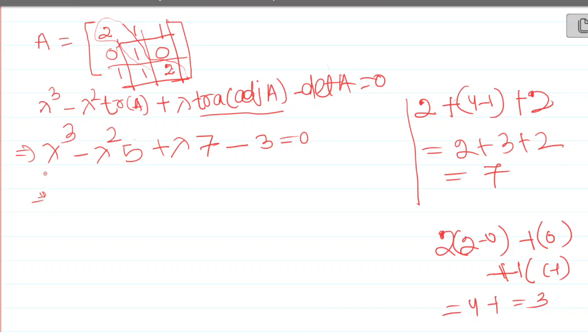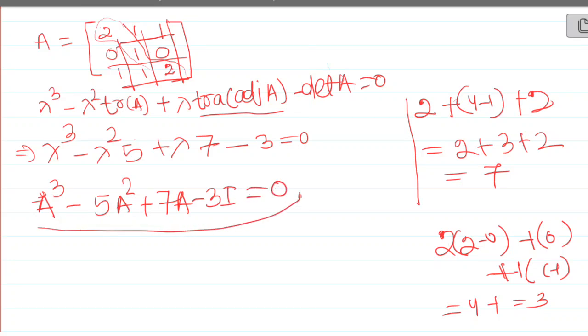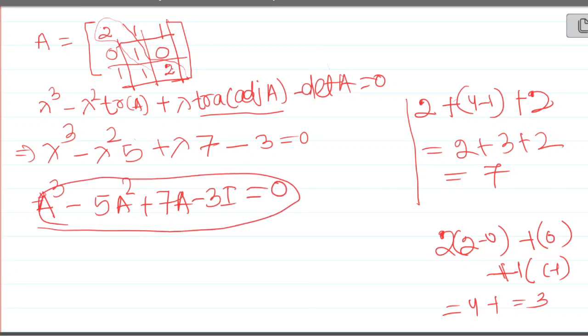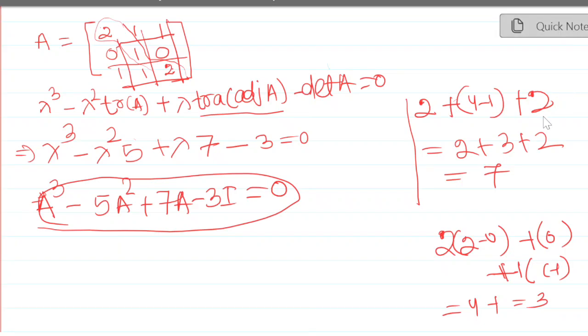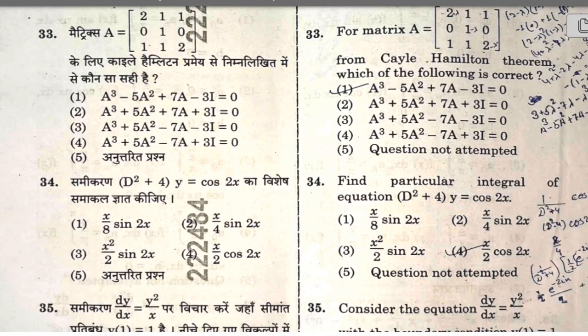Now we can write directly for the matrix A, that is A cube minus 5A square plus 7A minus 3I equals 0. So this will be your correct answer. Now check the option: A cube minus 5A square plus 7A minus 3I equals 0. So this is your correct option.